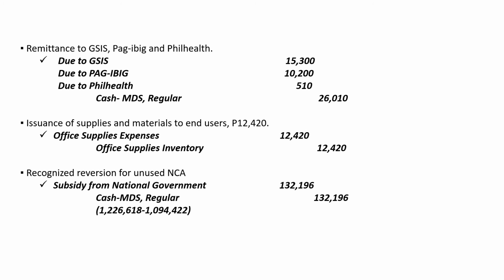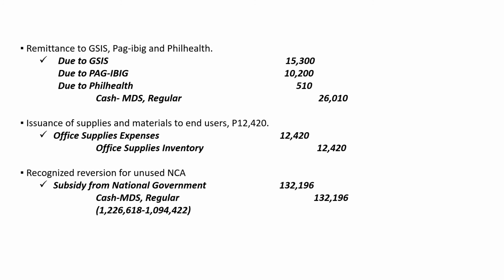Okay, so we are down to our last transaction. So, remittance to GSIS, Pag-ibig, and PhilHealth. So, we debit what we credited a while ago. So, we debit due to GSIS, 15,300, due to Pag-ibig, 10,200, due to PhilHealth, 510, and we credit cash MDS regular for the payment for the remittance, 26,010.